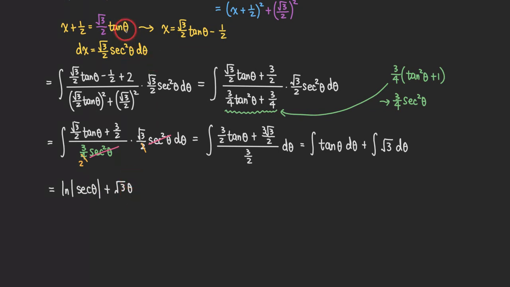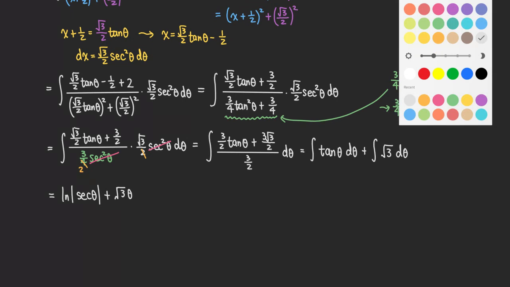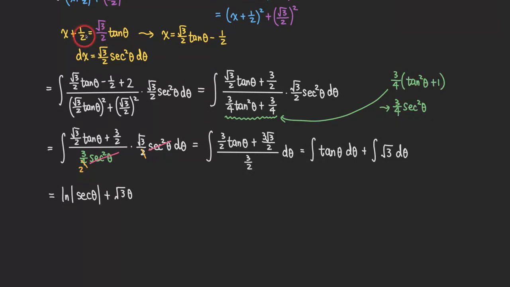All we need to do is to solve for tangent right here. So going back to the substitution that you see here, we gotta make a triangle. Okay, we gotta make a triangle. So from here, also coming back from this one, then you are going to get what? You have x plus 1 over 2 is equal to radical 3 over 2 tangent theta.